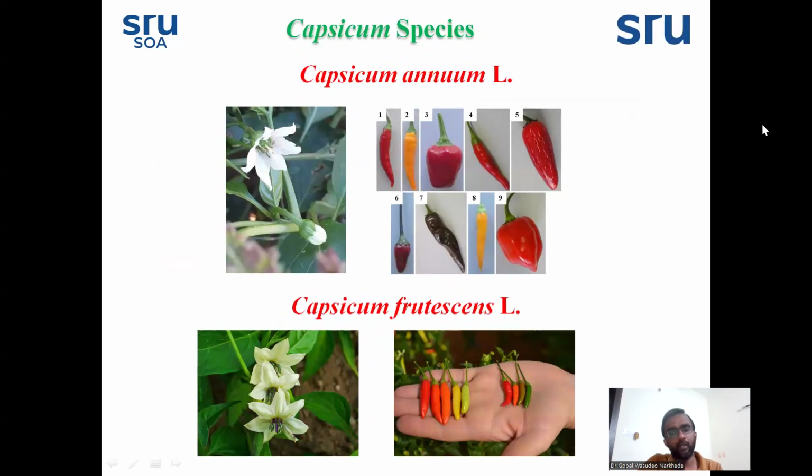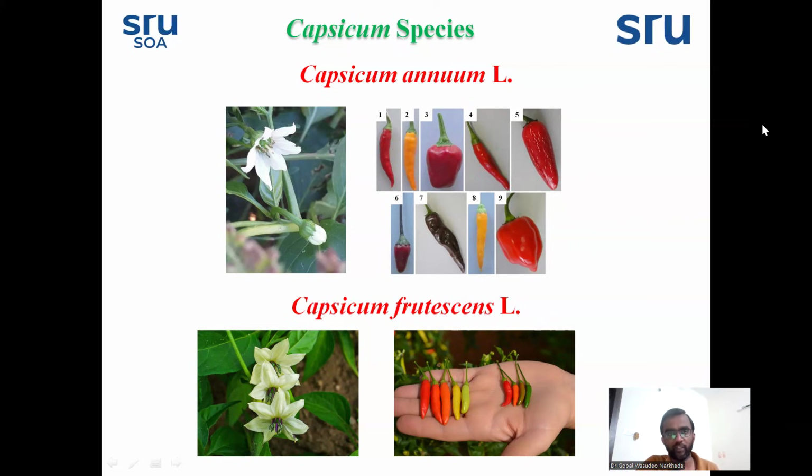So now we'll go through, one by one, the different available capsicum species which are mainly used in crop improvement. First is Capsicum annuum, which we can consider as the cultivated one. In Capsicum annuum also fruit variation is there.